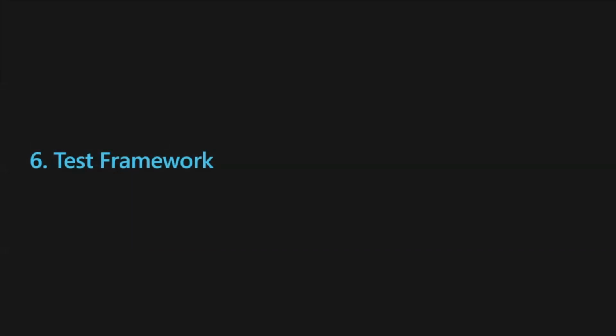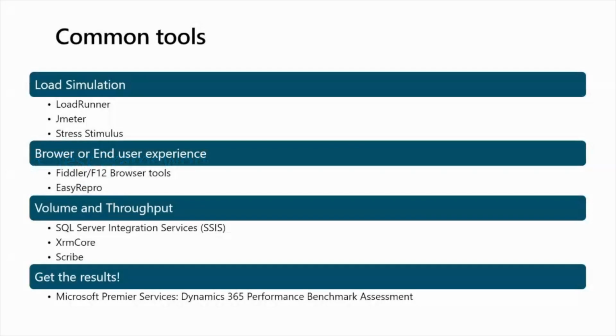Let's take some time to talk about the framework for performance testing. This is a list of common tools used for performance testing. It is not an exhaustive list, and not each tool is used to test the same thing. For example, LoadRunner, JMeter, or Stress Stimulus are used to simulate user load and user actions.